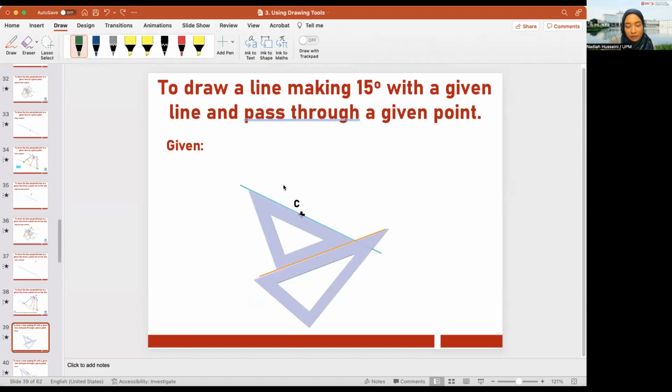Okay, so here, the one that is aligned to the turquoise line. Now let's assume our turquoise line is horizontal. What is aligned to the turquoise line?